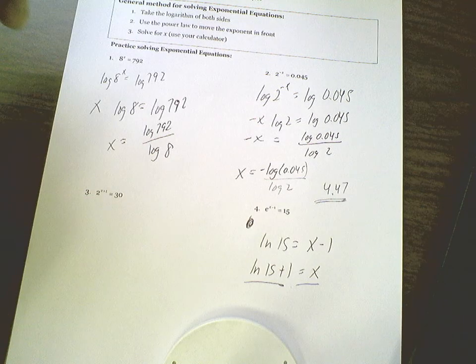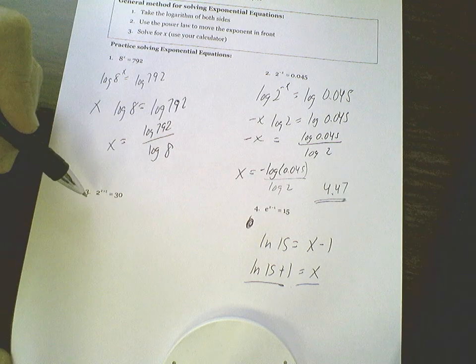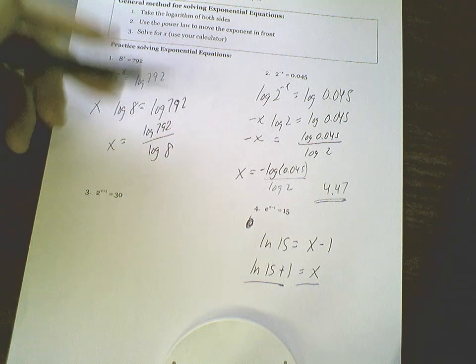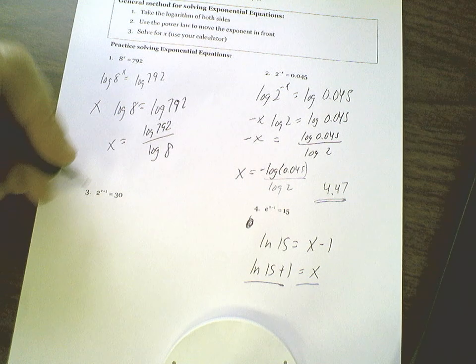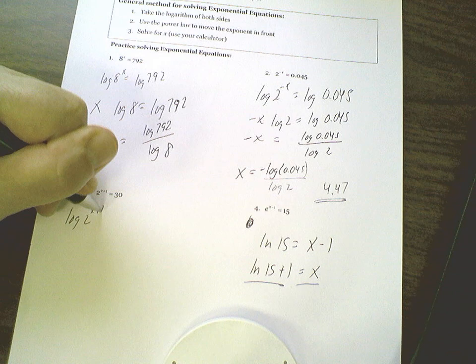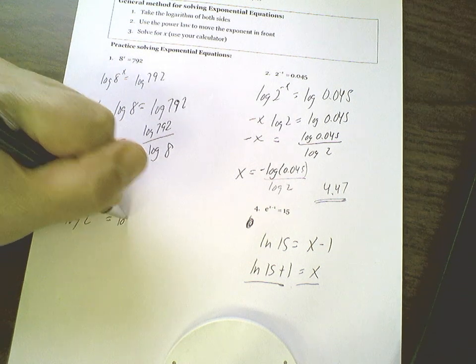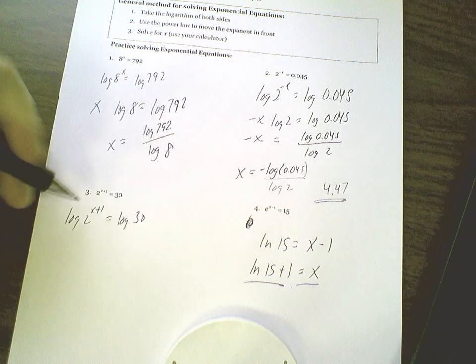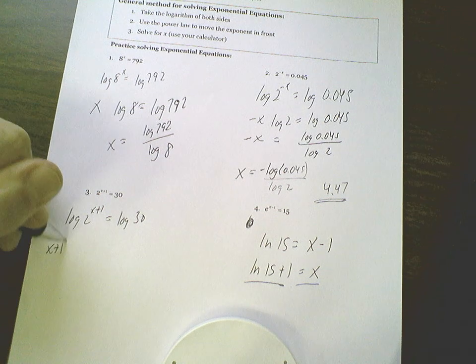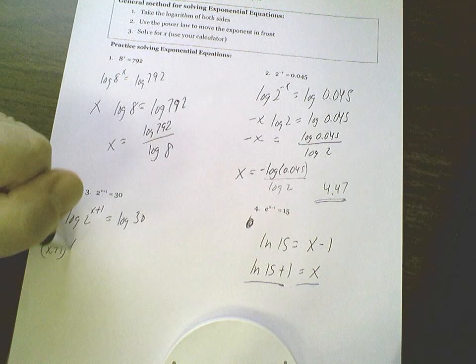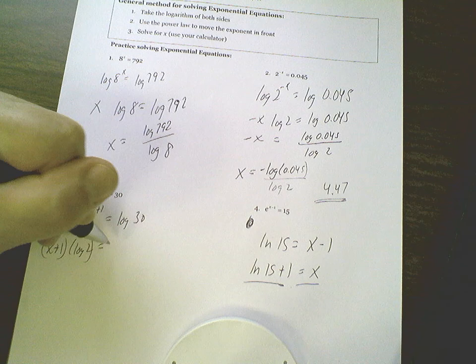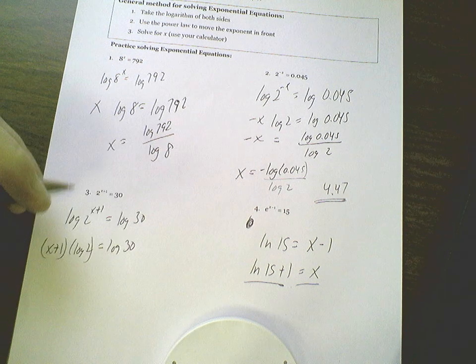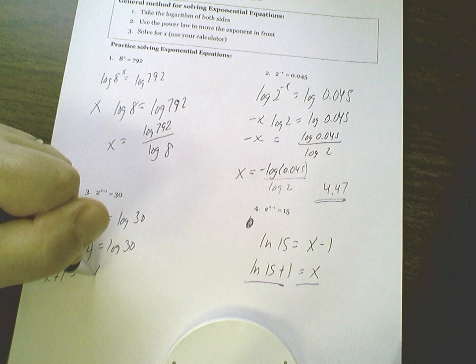2^(x+1) equals 30. All right, log of 2^(x+1) equals the log of 30. Power, x plus 1, notice parentheses, times the log of 2 equals the log of 30. x plus 1 equals the log of 30 over the log of 2.